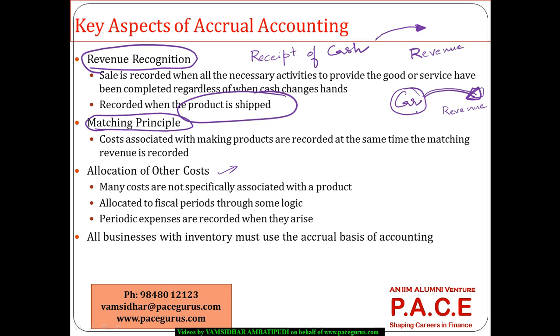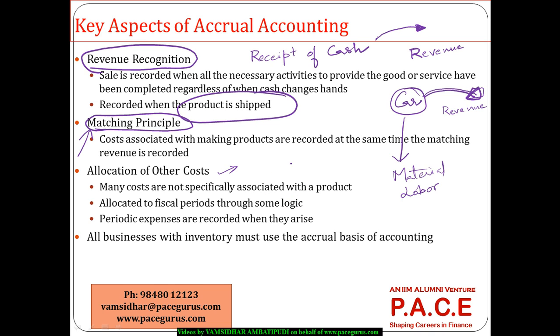Now, whatever is the cost that is involved in terms of producing that car, it could be the materials cost, it could be the labor cost, which are directly associated to the production of that particular car. So all those expenses are also recorded at the same time of matching of the revenues itself. So in whatever the period in which the revenues are recorded for them, it's the same period where the expenses are also recorded for them. The direct expenses also are recorded for them. That is what we call as the matching principle.